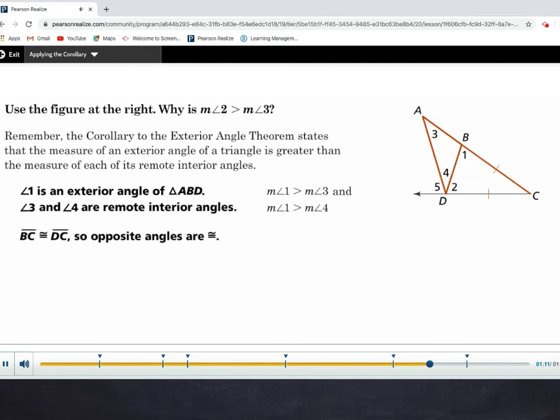Segment BC is congruent to segment DC, so opposite angles are congruent. The measure of angle 1 is equal to the measure of angle 2. Substitute angle 2 for angle 1. So, the measure of angle 2 is greater than the measure of angle 3.